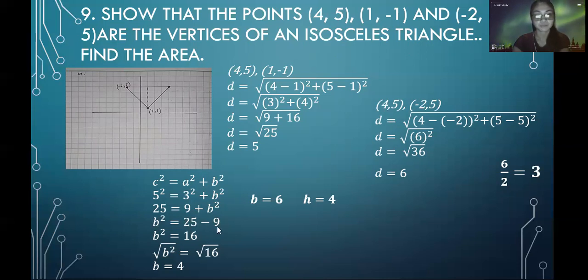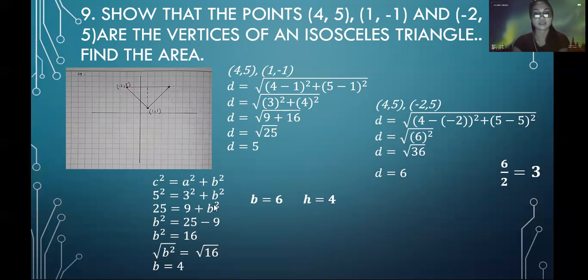So b squared is equal to 25 minus 9. If you are curious why this formula comes up, so here it is. b squared is transposed to the other side, so the formula becomes b squared is equal to 25 minus 9.